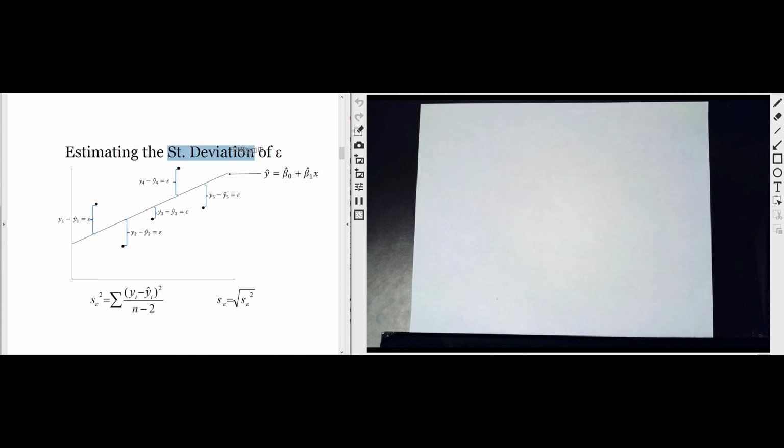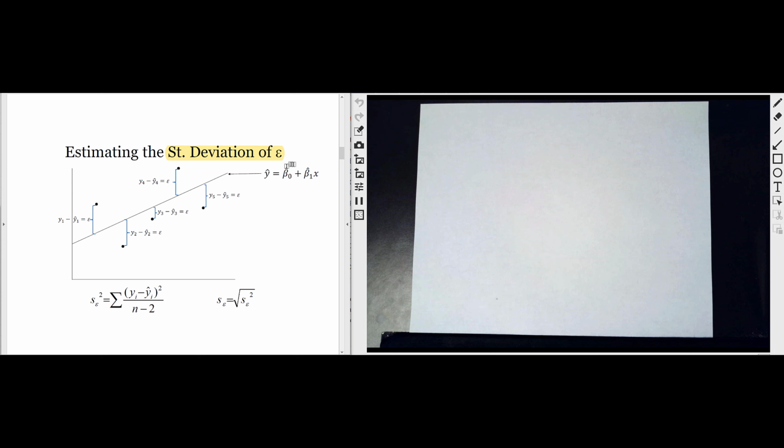The standard deviation of the errors can be computed easily enough. We just compute each error for the individual y sub i's.